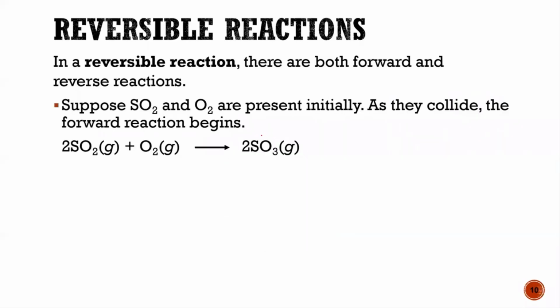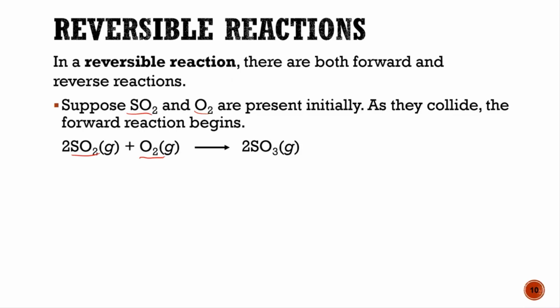All right. So let's say I have a closed system and I have some gases. And suppose I start with sulfur dioxide and oxygen. As they collide in the 2-to-1 mole ratio, eventually some of those collisions are going to be effective.